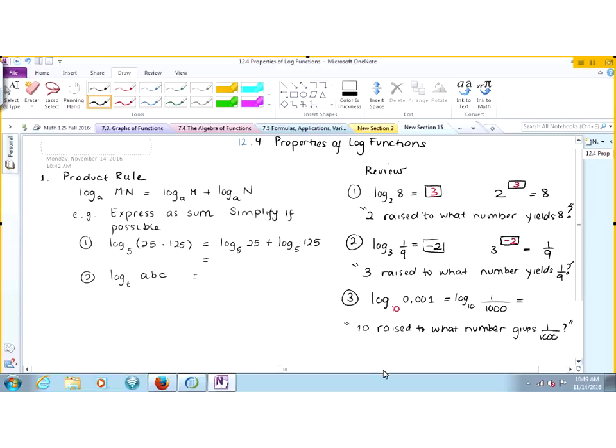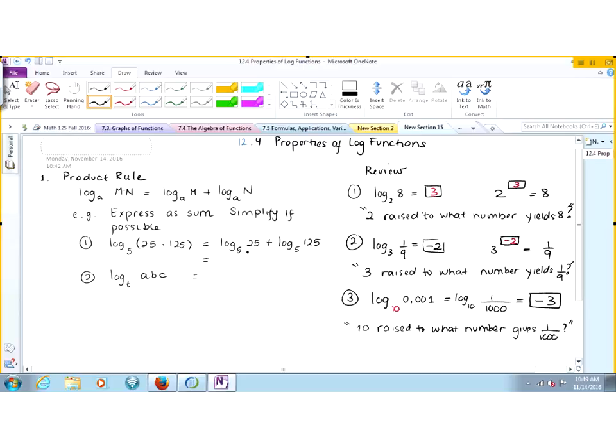So what is your answer here? 10 raised to what number gives me 1 over 1,000? Yes, negative 3, right? Okay, so my answer is negative 3. So that's going to be your answer here also.